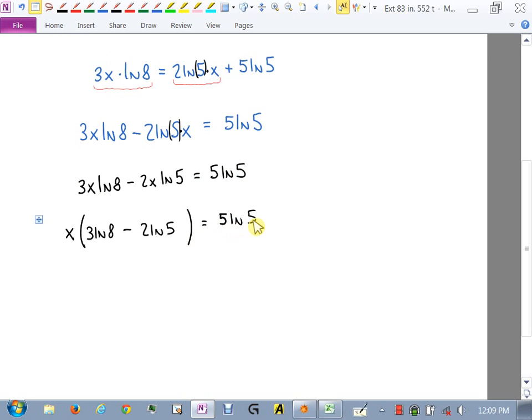Natural log of 5 on your calculator is a number, times 5 is a number. This 3 natural log of 8 is a number, minus 2 natural log of 5 is a number. So if I were to just divide this whole parentheses on both sides, I would have x is equal to a number. And that's what I'm looking for. So x equals, I'm going to leave it like this for now, and then we'll get on the calculator and figure out what all that is.